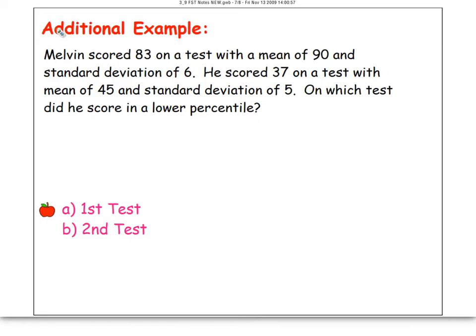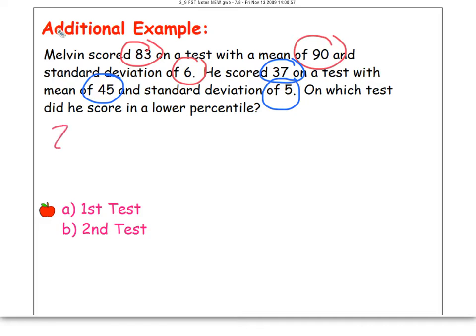Here's another one. We have Melvin. He scored an 83 on a test with a mean of 90, standard deviation of 6 points. He then scored a 37 on a test that had a mean of 45 and a standard deviation of 5. On which test did he score in a lower percentile?